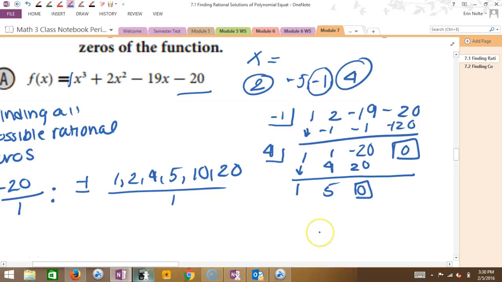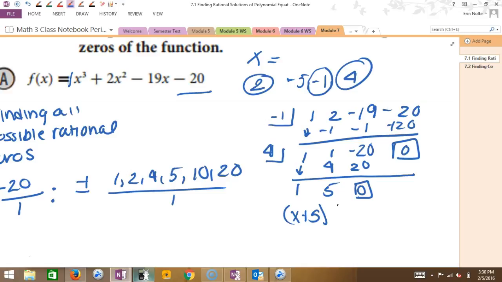And what am I left over with? Yep, I'm left over with x plus 5. I essentially just proved, using synthetic division, that all of these factors, where it crosses the x-axis, are factors. Remember that little thing before, if I got a remainder of 0, it was a factor?